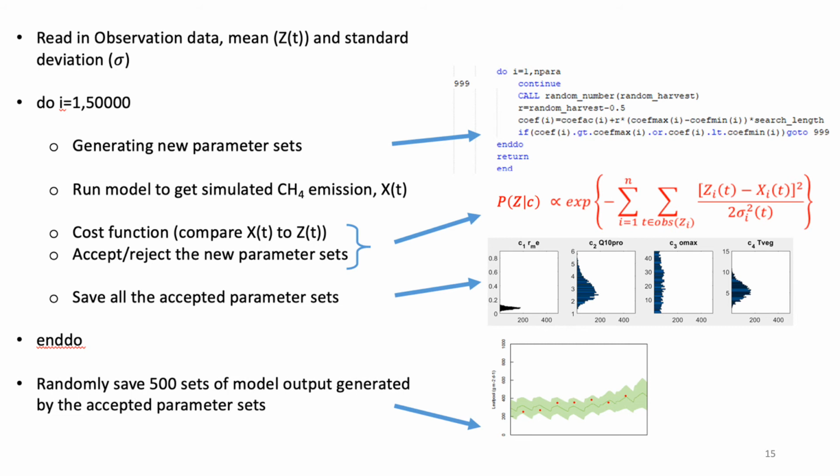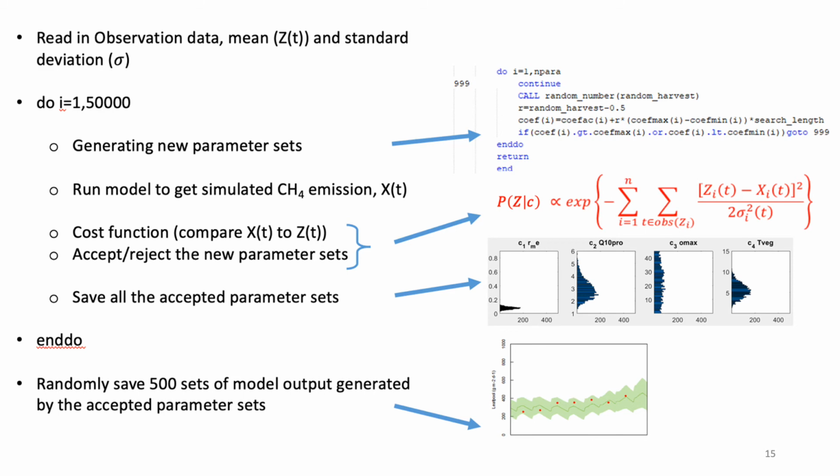In this example, we have 30 near-monthly net methane emission observations. In this study, n equals 1 as we only have one set of parameter data, which is the emission rate. We save modeled methane emission as xt. When the corresponding observed methane emission is available, which is zt at time t, the standard deviation is considered as the confidence level of the observation.